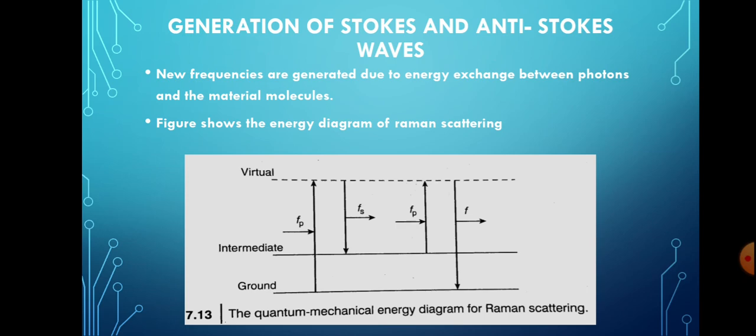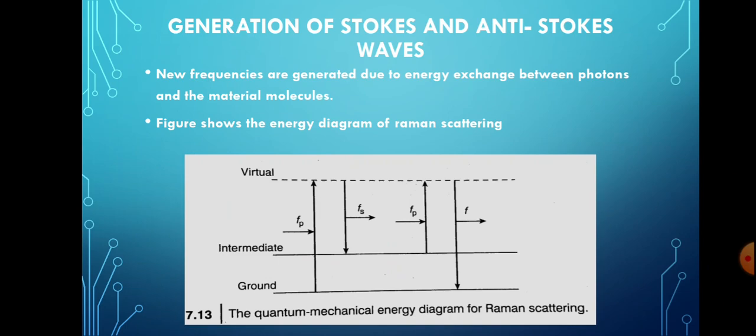So we have to go to the details of the energy diagrams of the material to understand the concept. So let us see. This is the energy diagram of a material, and it has different levels such as ground level, intermediate level and virtual level.